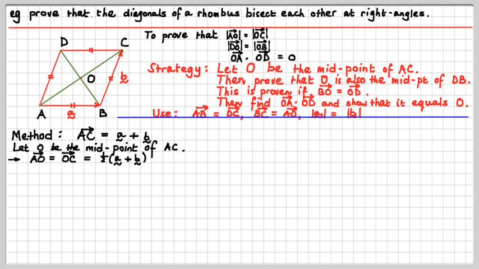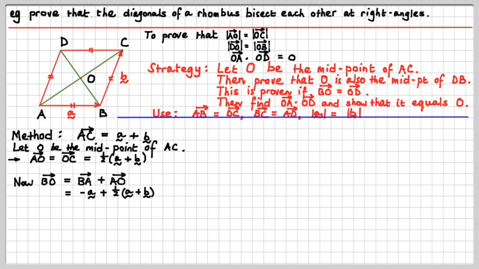Now I've got to prove that O is the midpoint of BD, right? Okay, now, BO, here we go. I'm going to say that's equal, in a roundabout way, in terms of stuff that I already understand, to B to A plus A to O. So here it is, B to A plus A to O, isn't it? Now let's just work that out. B to A is minus a, isn't it?